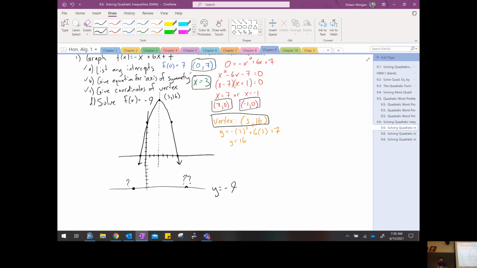Somebody in my freshman class yesterday said, Coach Warren, where do you see parabolas in the real world, in everyday life? And I said, man, you see them all over the place. Anytime you have a projectile in motion, it's following a parabolic path. Betsy, my 8-year-old daughter, is learning how to shoot a compound bow.